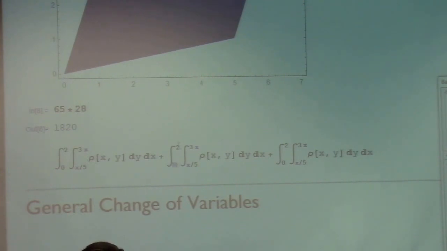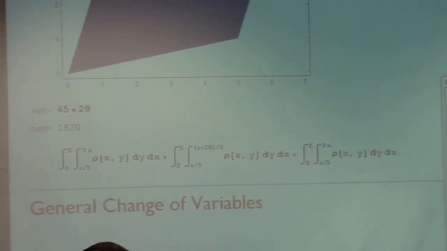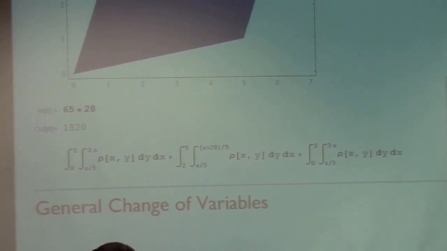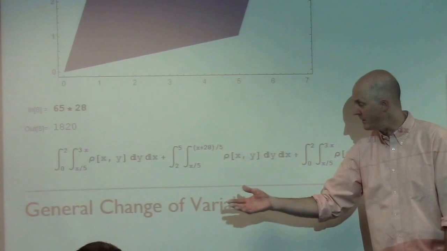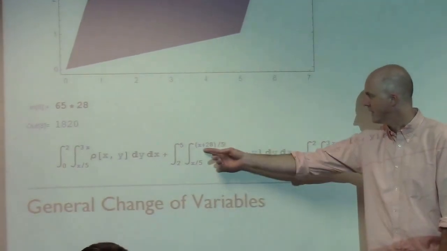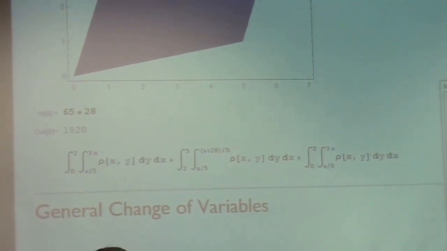Make this now go from 2 to 5. And look at the picture. We still have an x over 5 down here, but now up here we have x plus 28 over 5. If you try to do the middle and ending integrals by hand, you'd have to cube that thing. In place of y, you have a y cubed, and you have to cube this. So it would be quite a pain to do by hand.